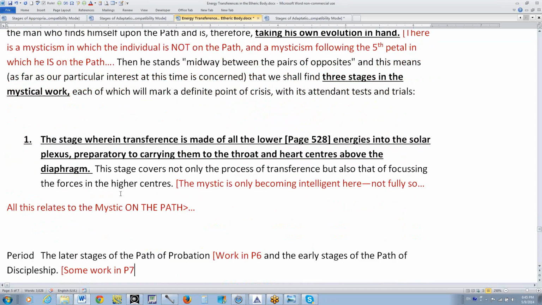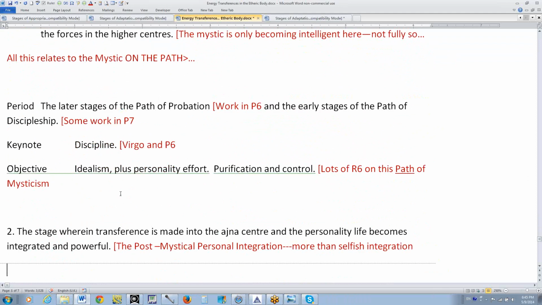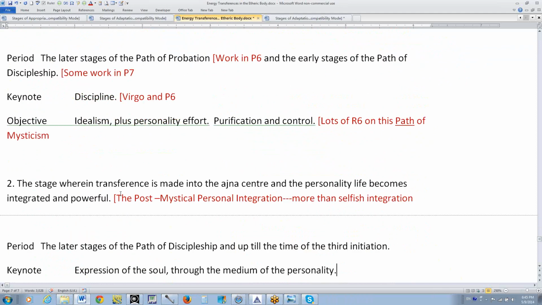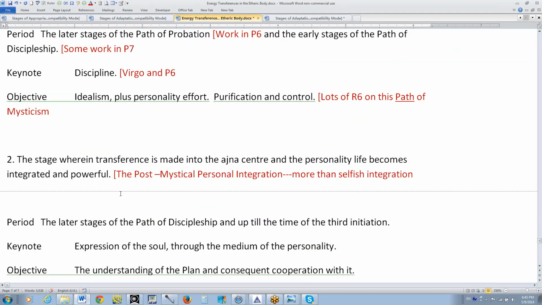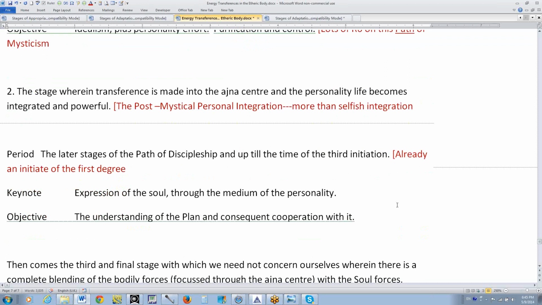So we can see that DK shifts back and forth between stages as he's describing this. If this is really discipleship and up until the third initiation, then the person is already an initiate of the first degree. The keynote is expression of the soul with the medium of the personality, and the objective, the understanding of the plan and consequent cooperation with it.